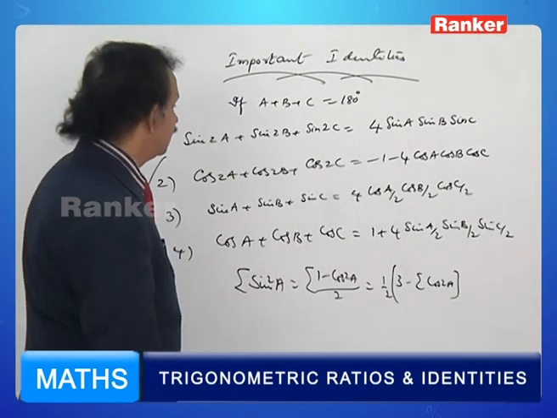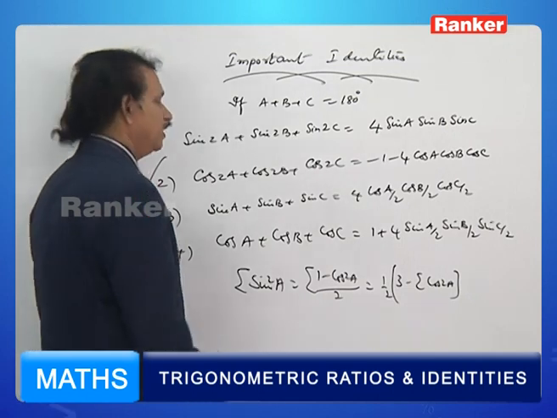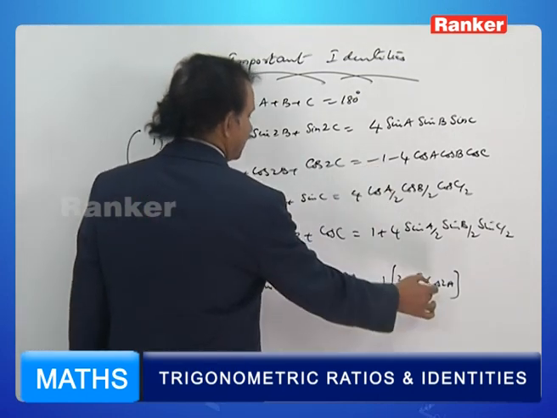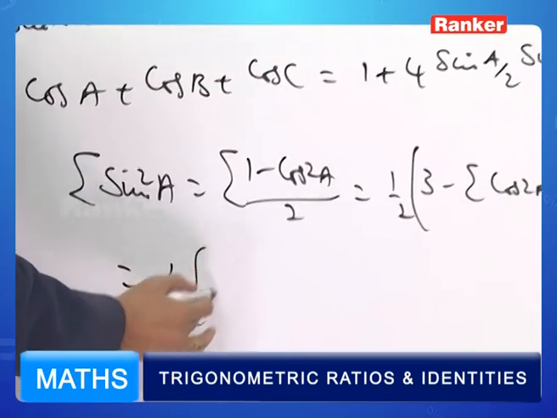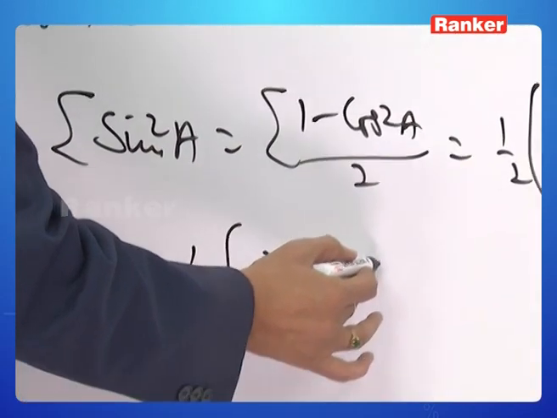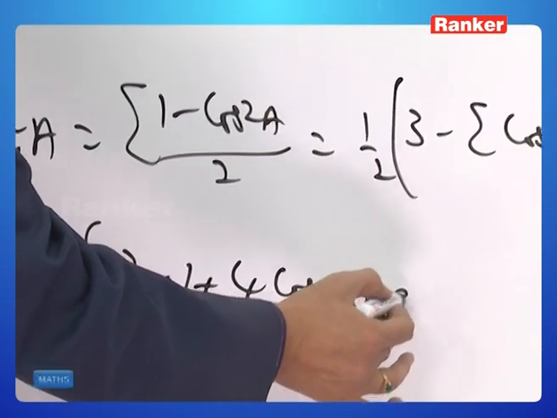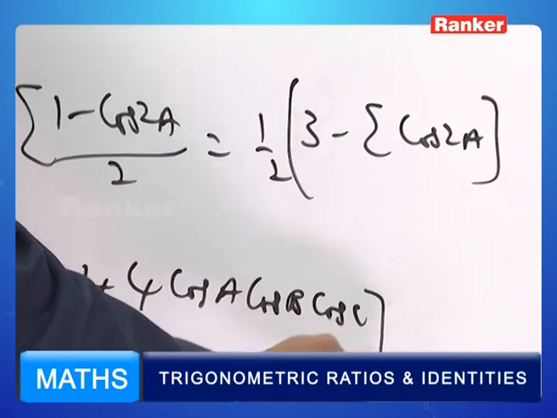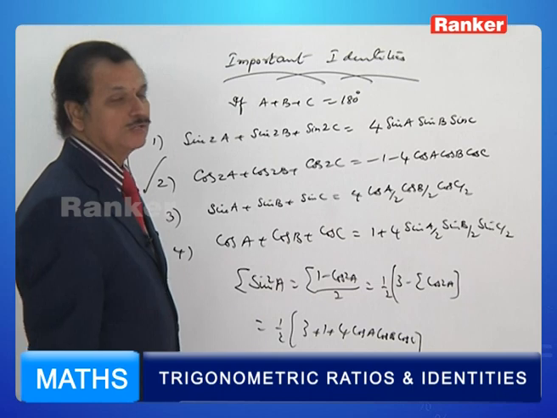But sigma cos 2A is minus 1 minus 4 cos A cos B cos C. If you replace sigma cos 2A by this, what are you going to have? Half into 3 plus 1 plus 4 cos A cos B cos C. 3 plus 1 is 4. Half of 4 is 2.